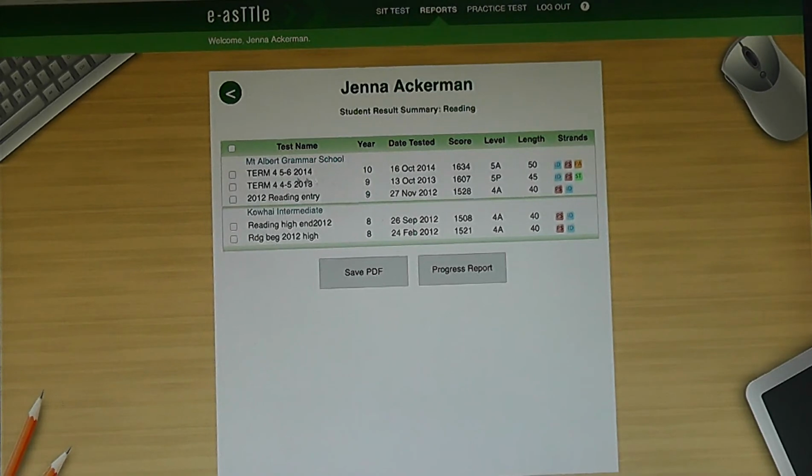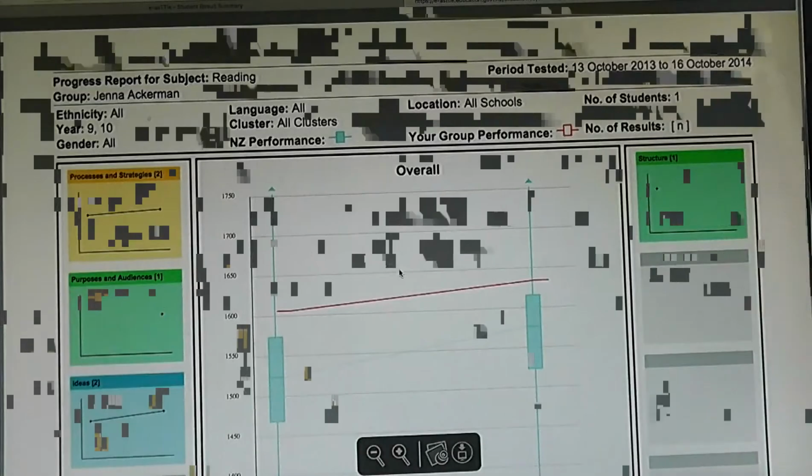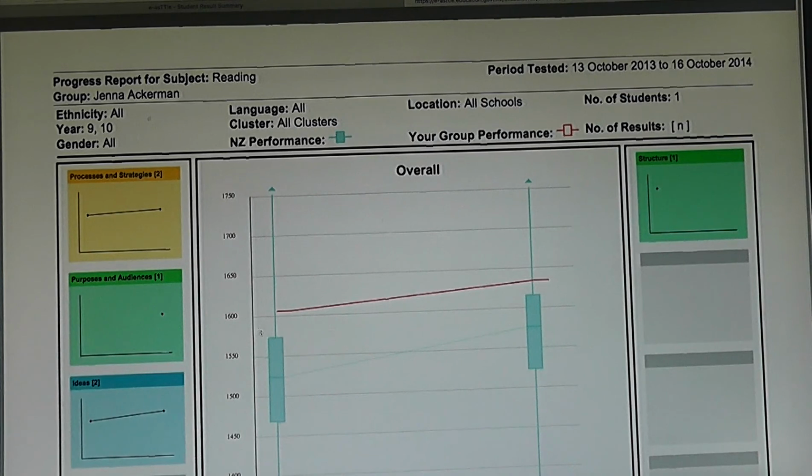Now the interesting thing that you can do is you can take this test here at the end of 2014 and that one there, and you can look at a progress report, and I'll make a little graph of how her progress has been panning out against the country as a mean. So in this case here, she was already above.